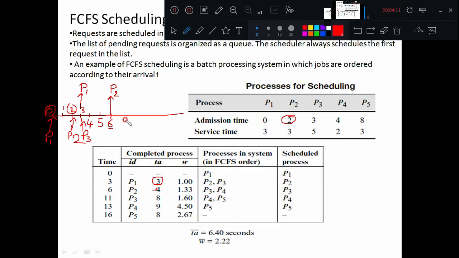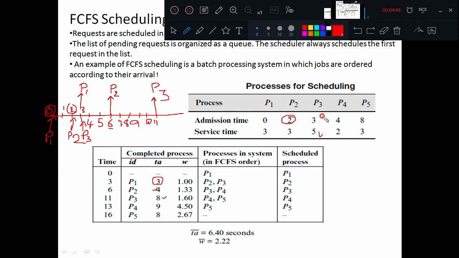The service time of P3 is 5, that means 7, 8, 9, 10, 11. So P3 will finish its execution at the 11th second, 5 seconds after it is scheduled. P3 entered at 3 and finishes at 11, so 11 minus 3 is 8, right?